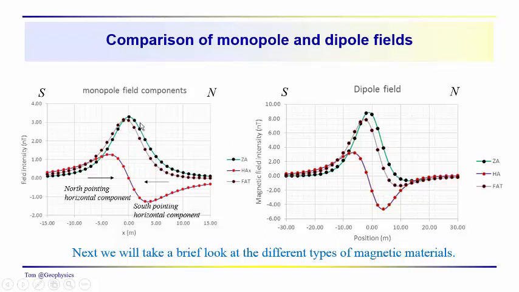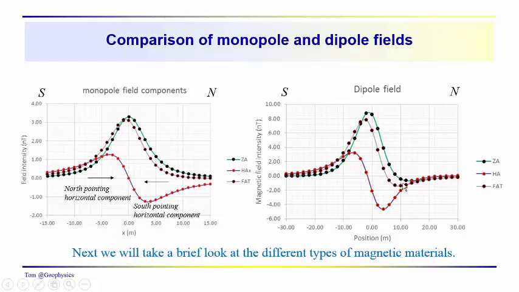And remember that the asymmetry in this case is associated with the fact that the negative end of the dipole is closer to the surface than the positive end. So over here, when we're looking at the dipole field, we get this asymmetry, and the sign conventions that we're using make this a negative to the north.